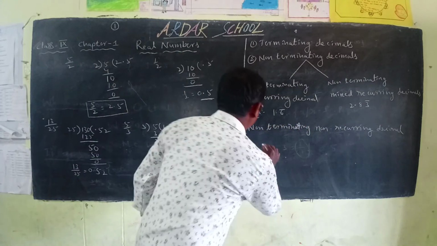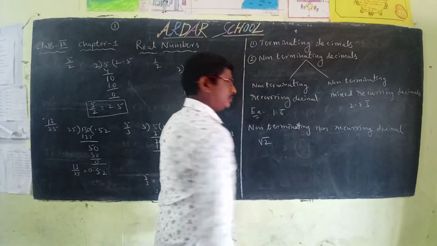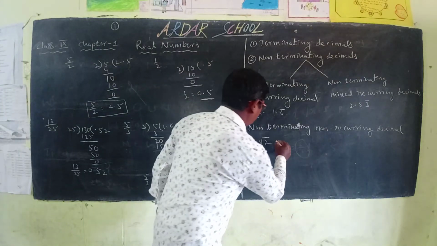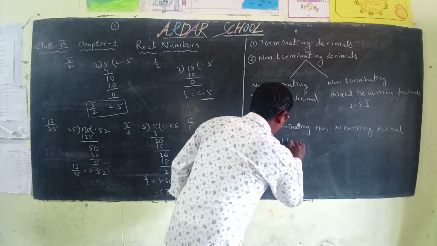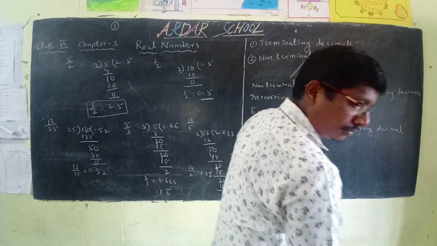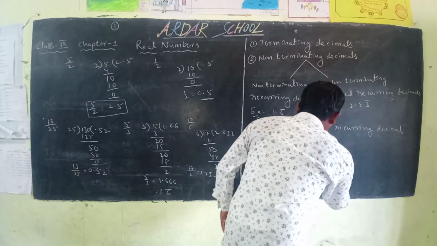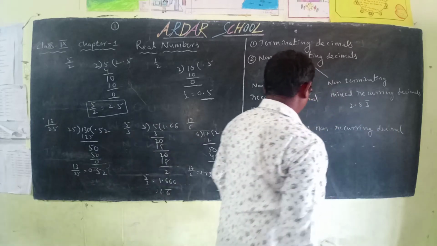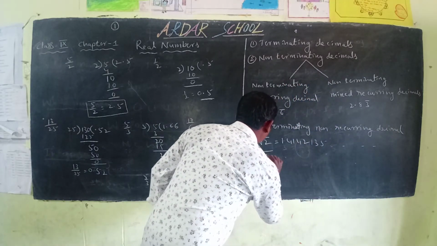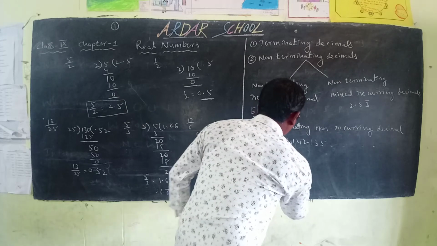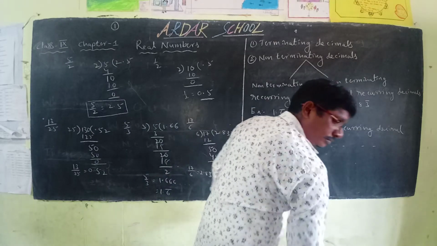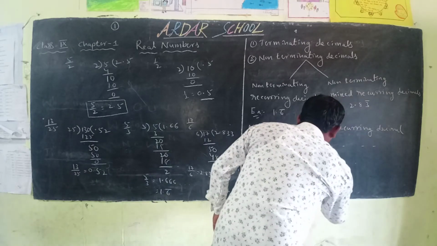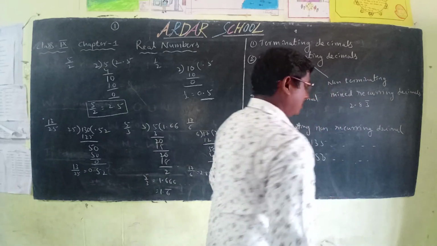For example, the value of root 2 is equal to 1.4142135 and so on. The value of root 3 is 1.7320508 and so on.